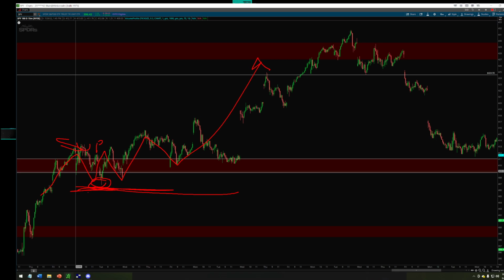Why? You come from here, and as a supply zone it should reject and come down here. But now it did the opposite. It went up, so this one gets invalidated as a supply area. Now it becomes more of a demand area, with more movement to the upside.